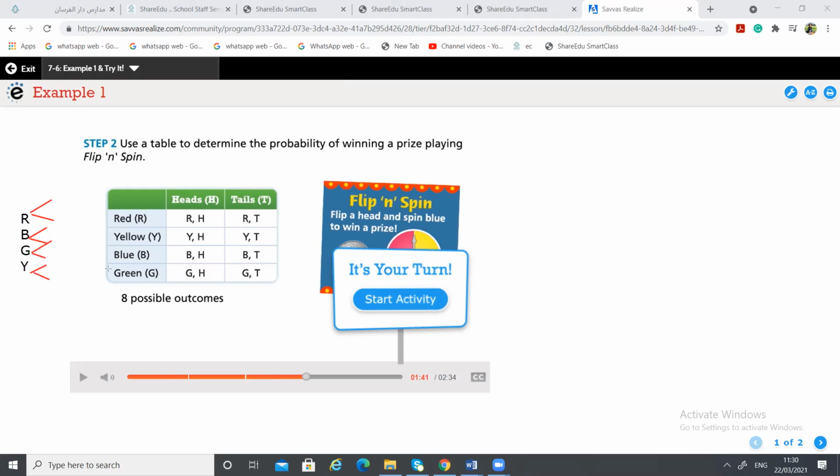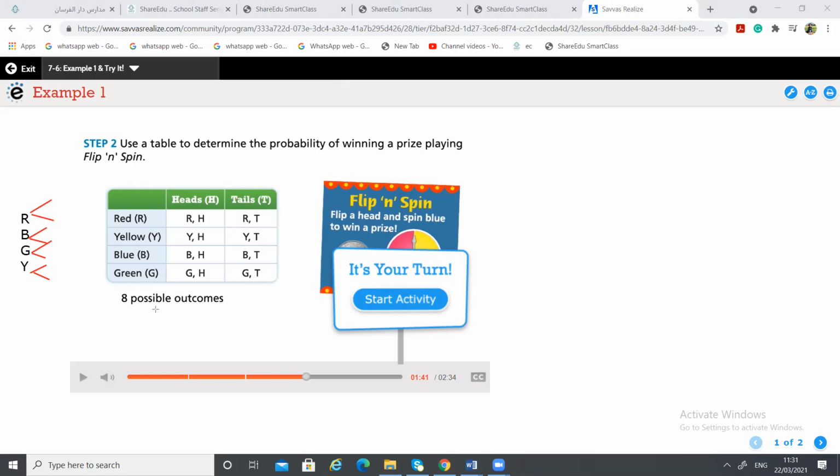Now did you understand the tree one? These all are possible outcomes. So 2 from red, 2 from blue, 2 from green, 2 from yellow: 8 possible outcomes you have. Did you get this point till here?